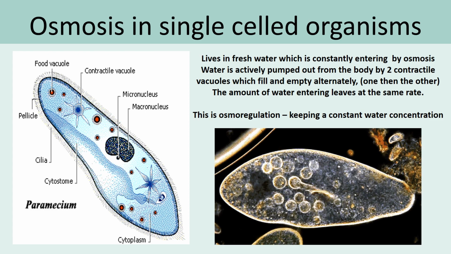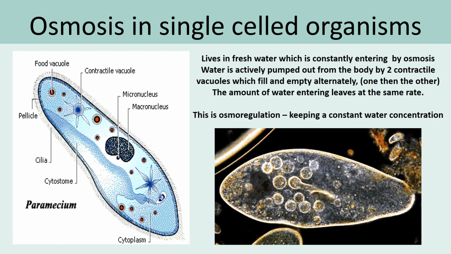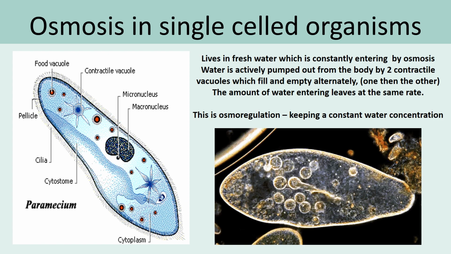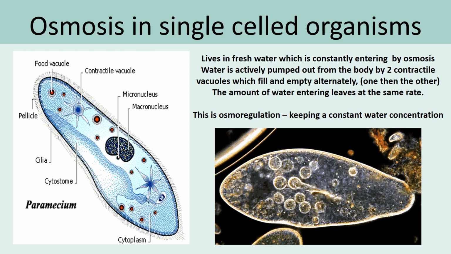So what it's got, which you can see happening in the animation, towards the top of the cell, there's one on the left and one on the right. The two things that look like they're getting bigger and then popping, those are special vacuoles.